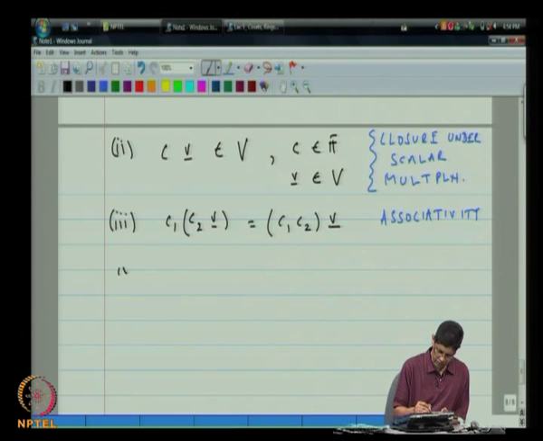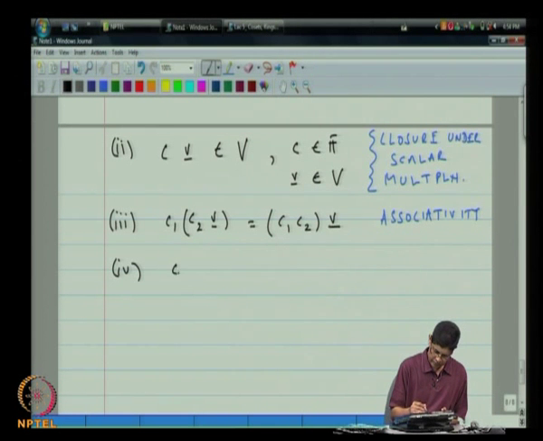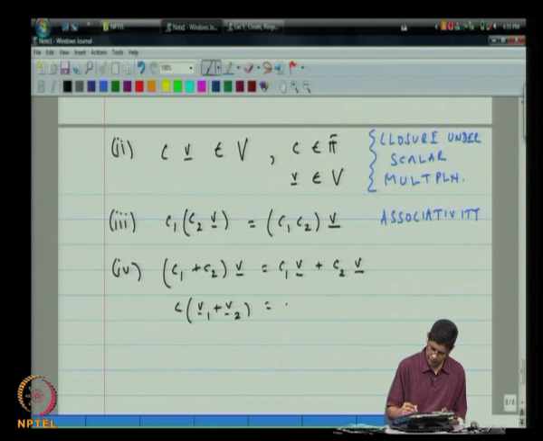Next, you have the distributive laws, which say that (c1 plus c2) times v is c1 times v plus c2 times v, and that c times (v1 plus v2) is c times v1 plus c times v2.